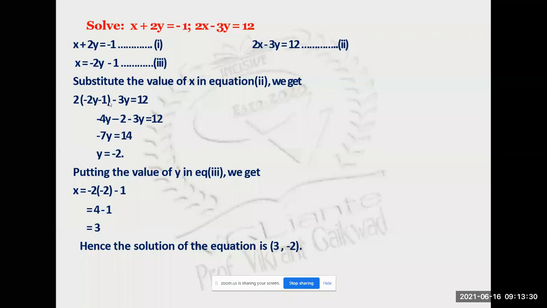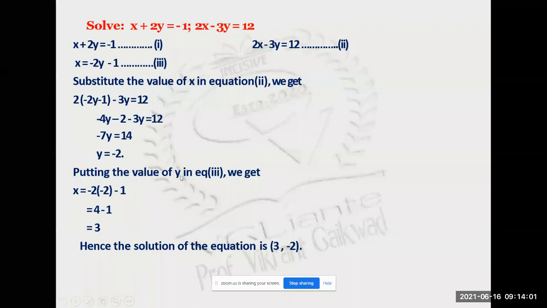So minus 4y minus 2 minus 3y equals 12. So minus 4y minus 3y is minus 7y. And minus 2 will go to the other side. When it goes to the other side, it becomes plus. So that becomes 12 plus 2. We'll get minus 7y equals 14. So minus 7 will go to the other side. We have studied this previously. So y equals minus 2.